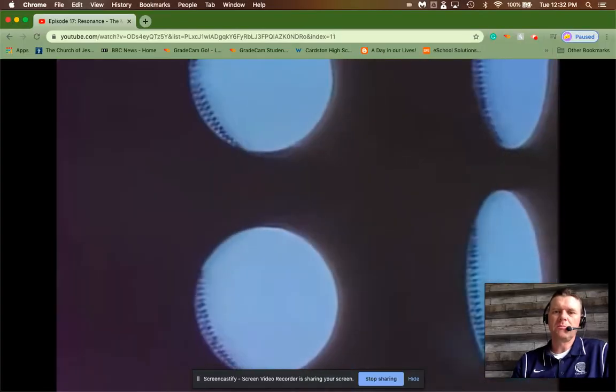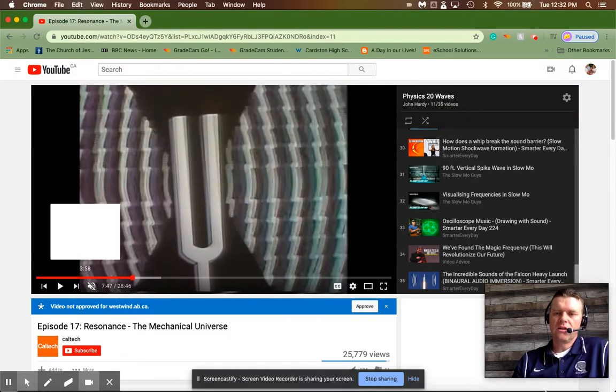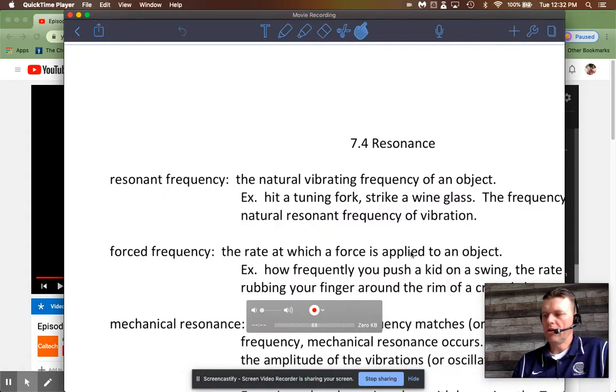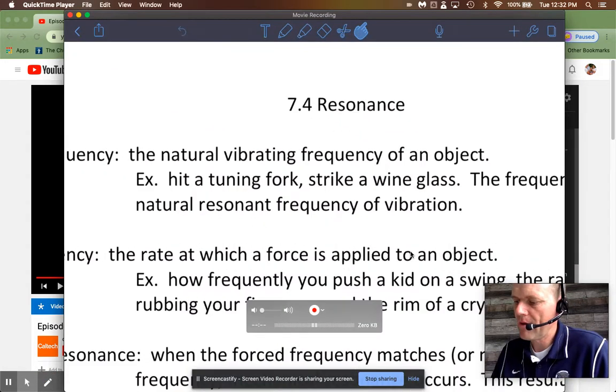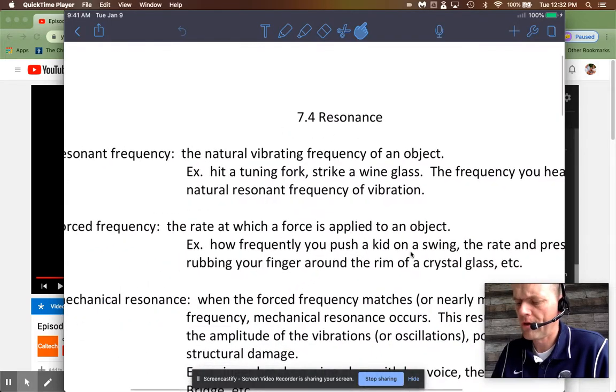And then that propagates outwards at what we call the speed of sound. So that is what we're talking about when we're talking about the natural vibrating frequency of an object, and we're going to look more at that a bit later.